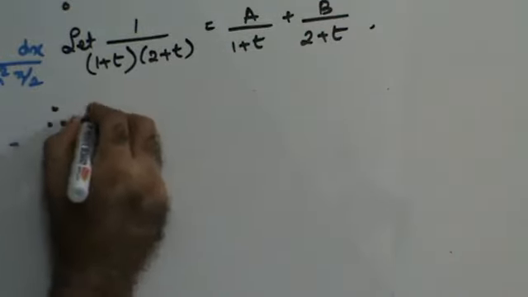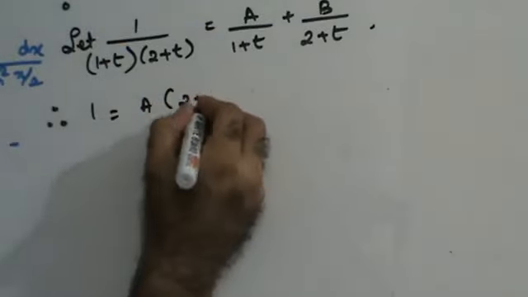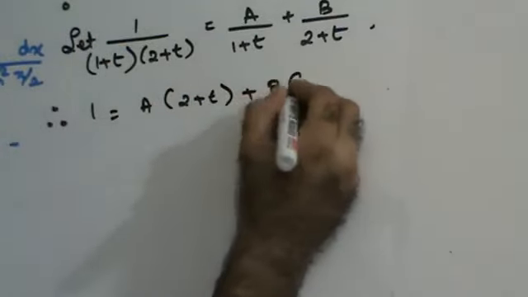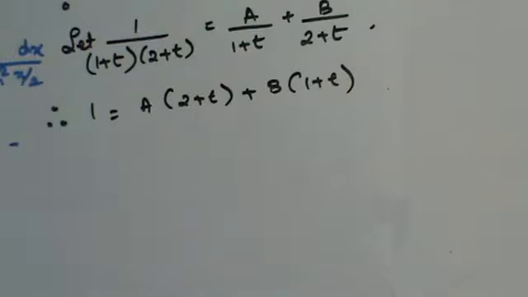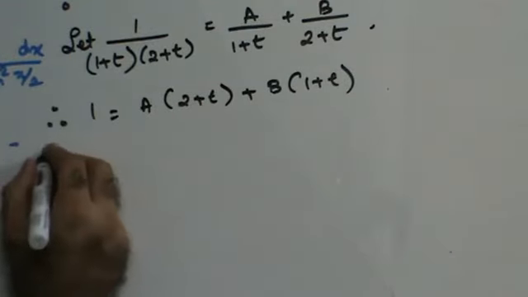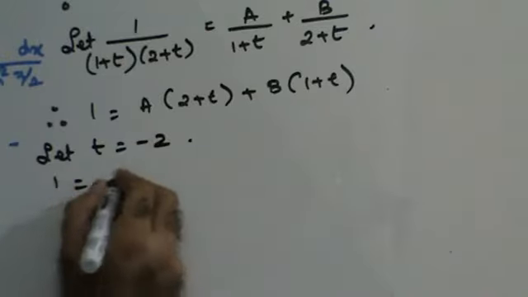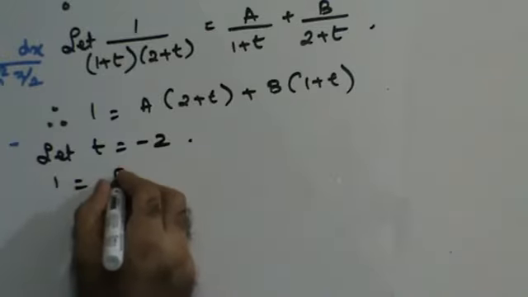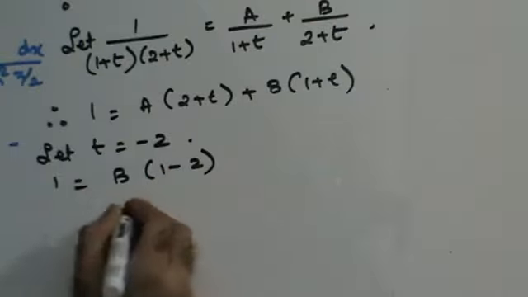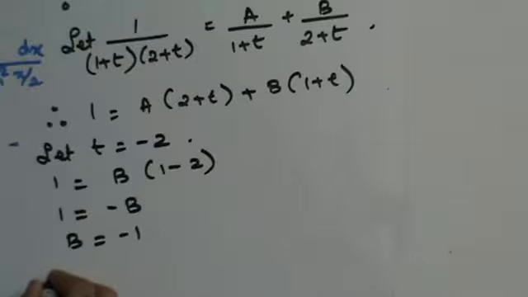Therefore you will get 1 is equal to a into (2 plus t) plus b into (1 plus t). Now in order to make this bracket 0, you will say let t be equal to minus 2. So 1 is equal to b into (1 minus 2), so 1 is equal to minus b, b is equal to minus 1.